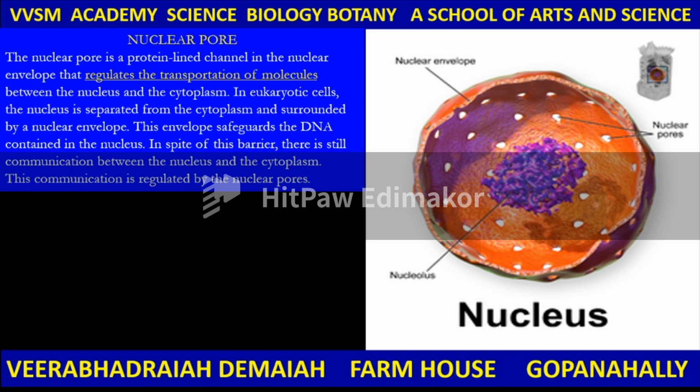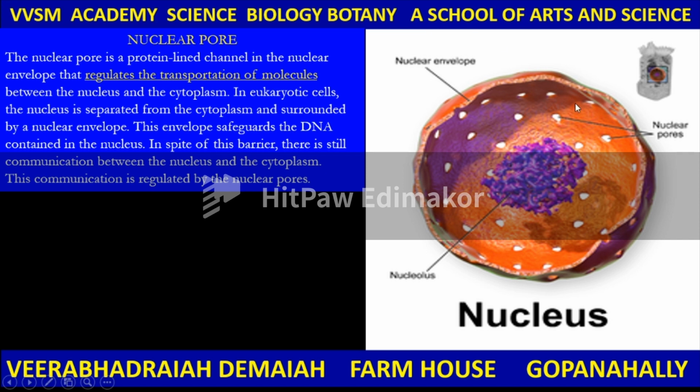This envelope safeguards the DNA, that is deoxyribonucleic acid, contained in the nucleus. In spite of this barrier, there is communication between the nucleus and the cytoplasm. This communication is regulated by the nuclear pores. These are the important things taking place in the nuclear pore.